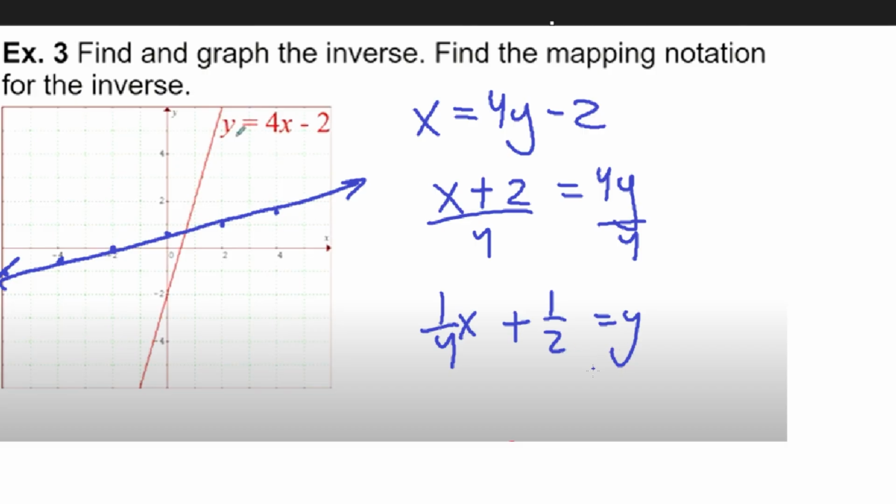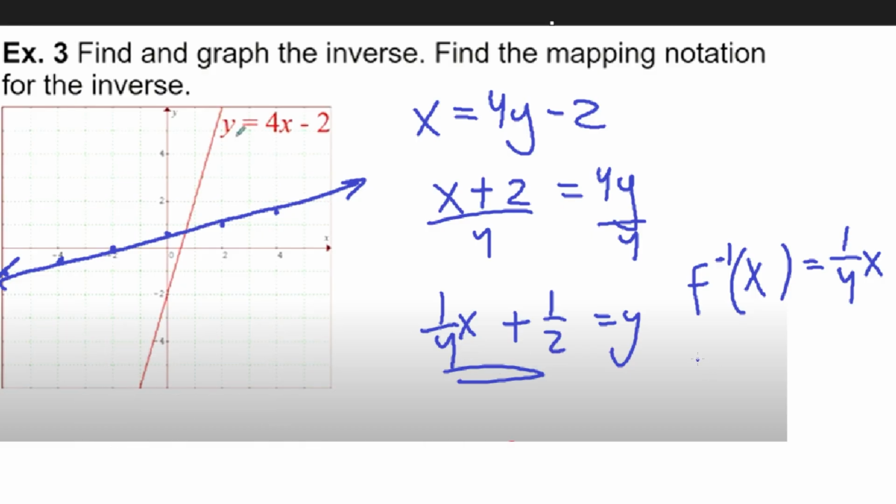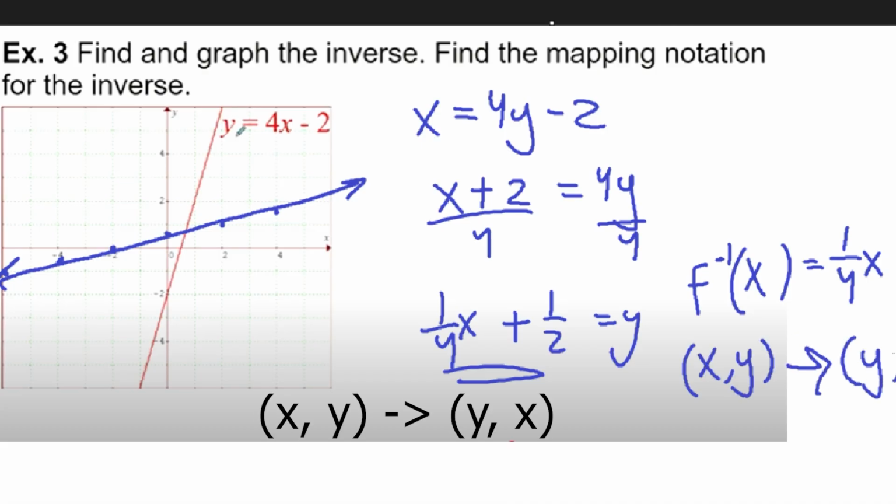So because this is the inverse of the original function, we can just say that f inverse of x is equal to 1 over 4 x plus 1 over 2. And the mapping notation is just the y and x values swapped.